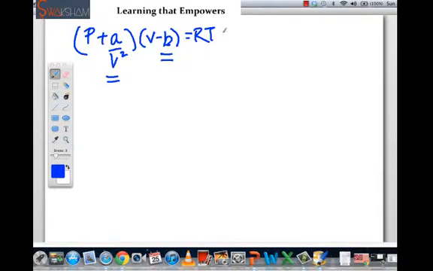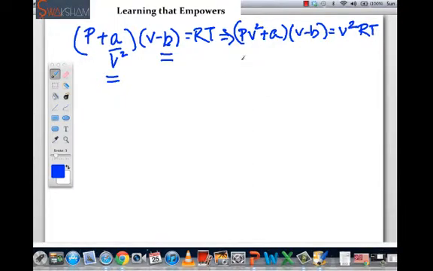So I can rewrite this as P V squared plus A times V minus B is equal to V squared RT.